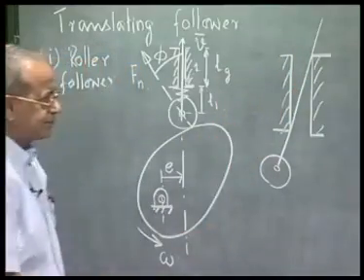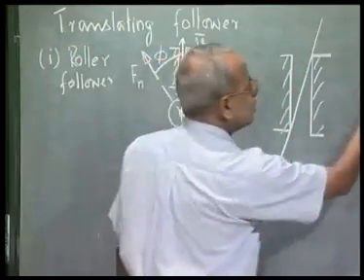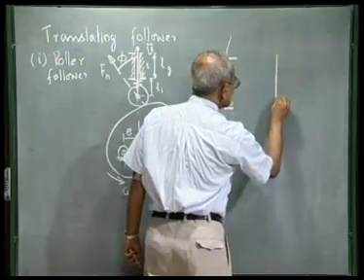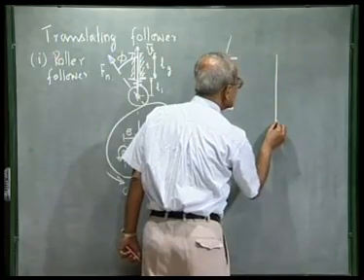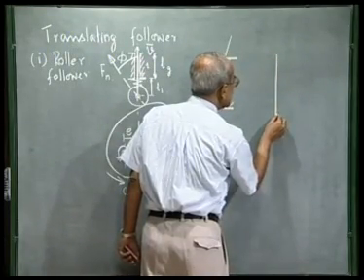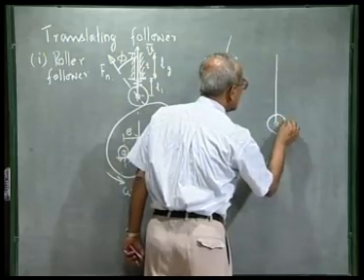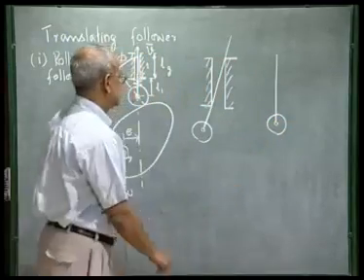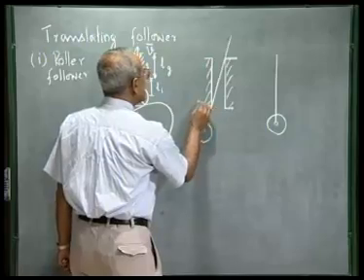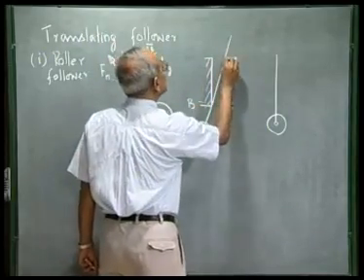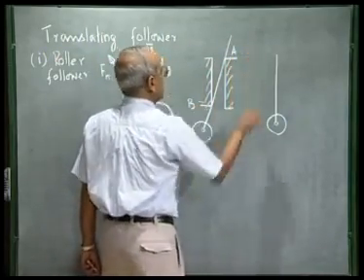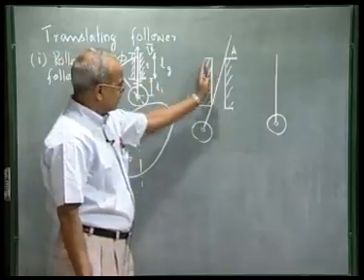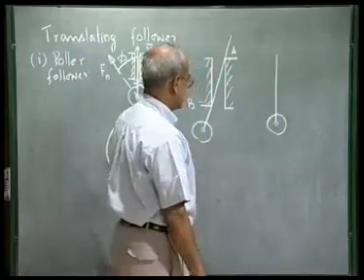Now, what we do, we take the free body diagram of this roller follower, let us say this point is B and this point is A, and we neglect the tilting of the roller, I still draw it vertical.